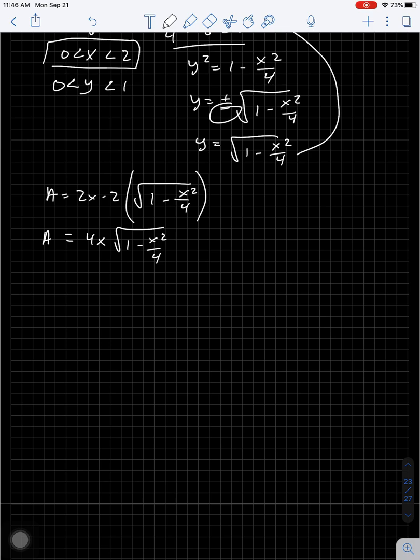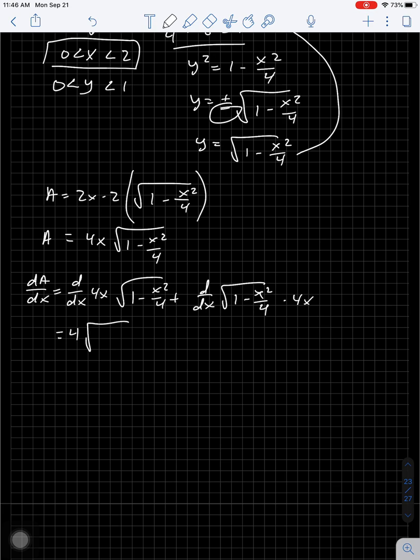So the derivative is a little bit extensive. So dA/dx is going to be the derivative of the first term times the second term plus the derivative of the second term times the first term. All right, first term derivative is 4.